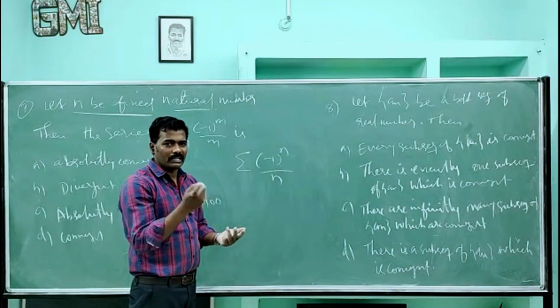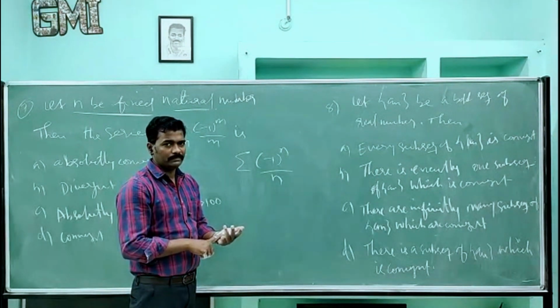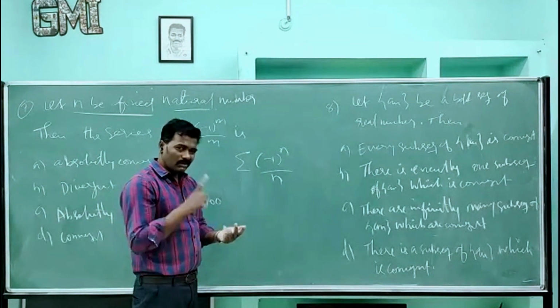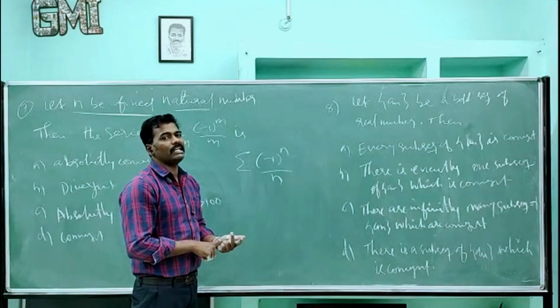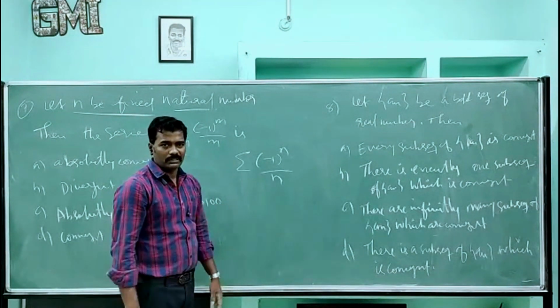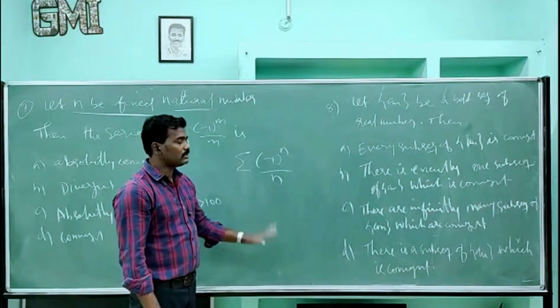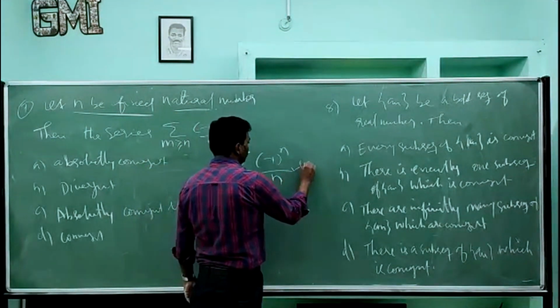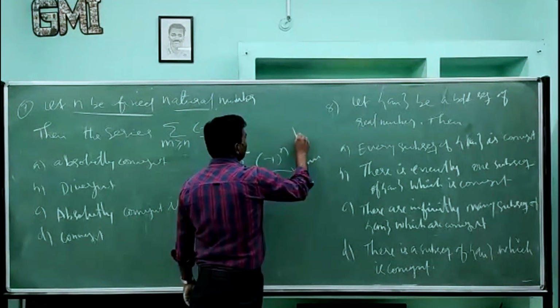First it will be alternating and monotonically decreasing and converges to zero, so by the Leibniz test this series is convergent, right? Clearly everyone knows this is convergent by the Leibniz test.